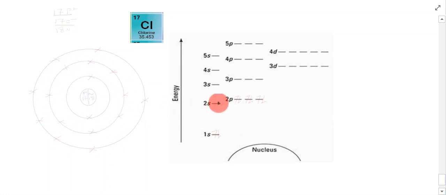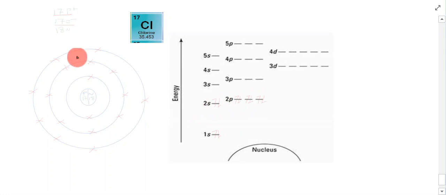The second energy level is broken up into 2 sub-energy levels: you have a 2s orbital, and then you have the 2p sub-energy level, which has 3 p orbitals, and each one can contain 2 electrons. That's the way it will be arranged.